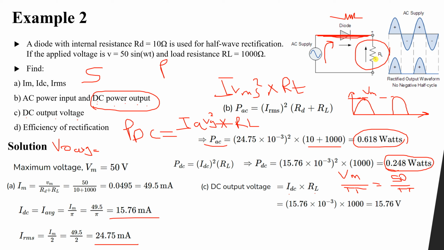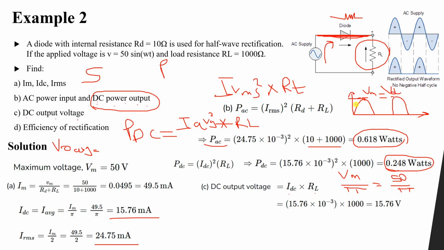So the voltage across the load is not just V max, it is V max minus the voltage drop due to the resistance of the diode. If you apply KVL here, it is V max minus the voltage drop.